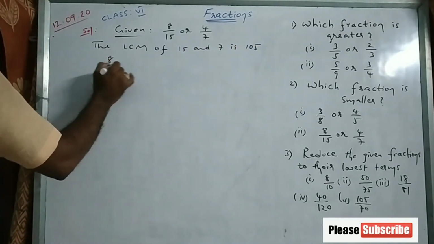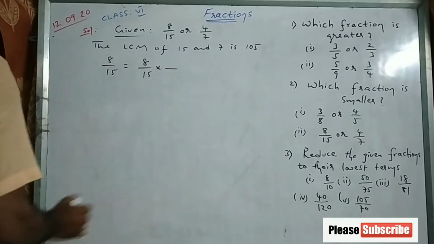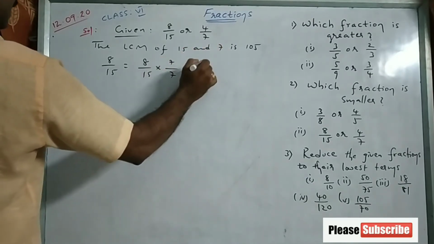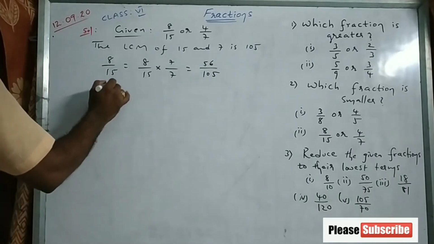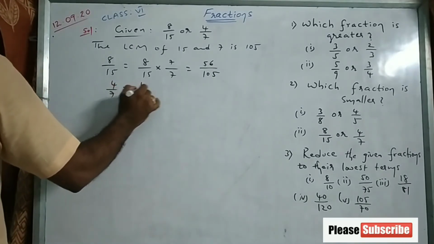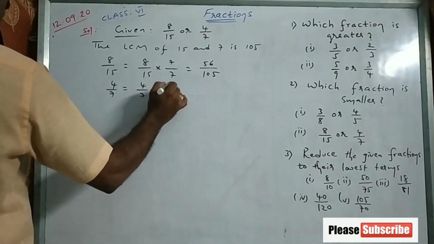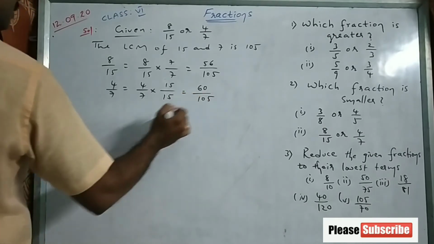So you take 8 by 15 now. 8 by 15 into, 15 what should we multiply? 7. What is there here extra? 8 7s are 56 upon 105. Here 4 by 7 into, 7 what should you multiply? 15. 15 4s are 60 upon 105.